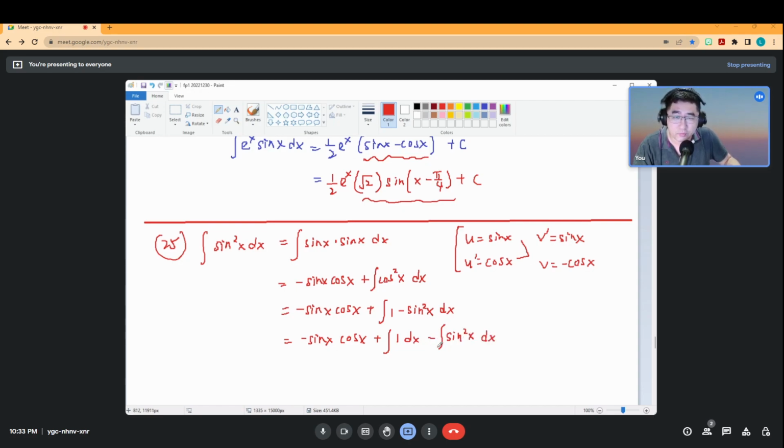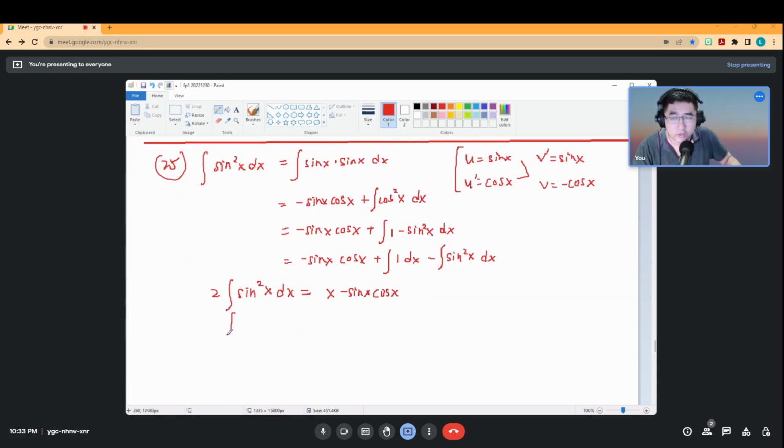So you will see this is just like the loop we had earlier, it is 2 times the sin squared x. The integral of 1 becomes x, so x minus sin x cos x.